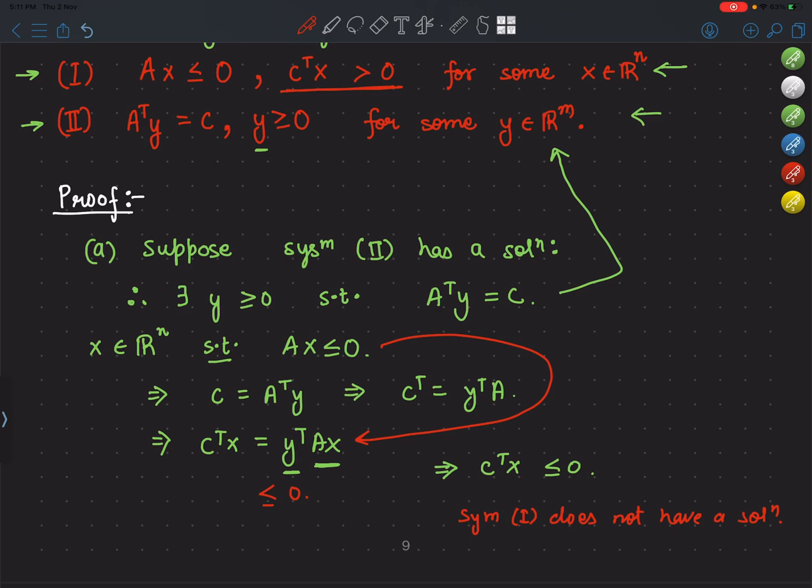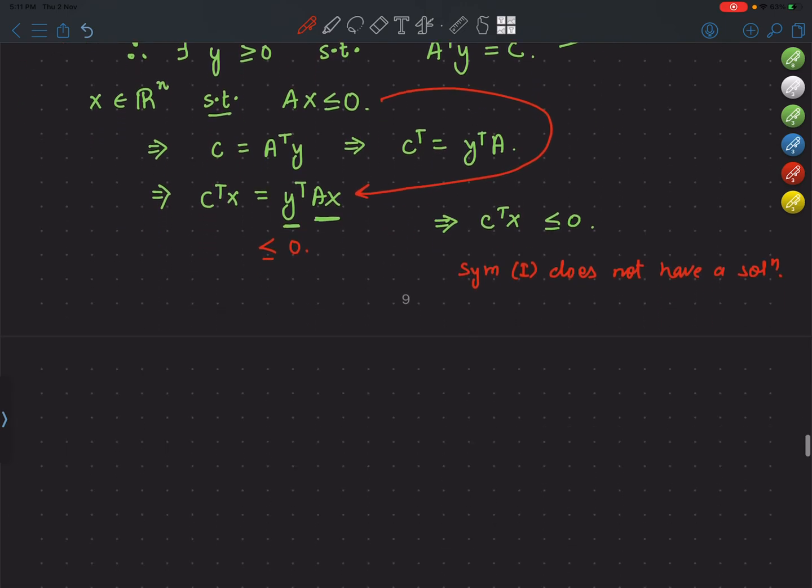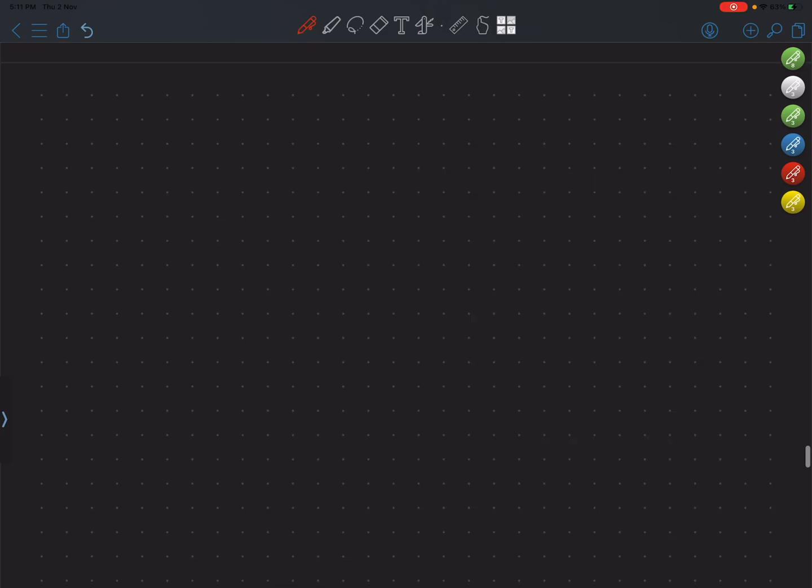Now let's try to prove the reverse. Suppose system 2 does not have a solution.